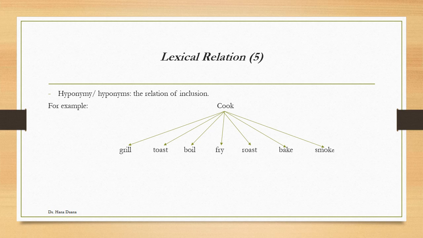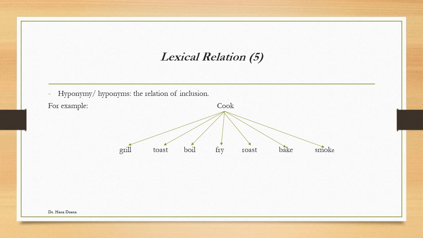Grill is to cook food under or over a very strong heat. So we can see that the meaning of cook is included in the meaning of grill. And this applies to all the terms that we have listed in front of us.